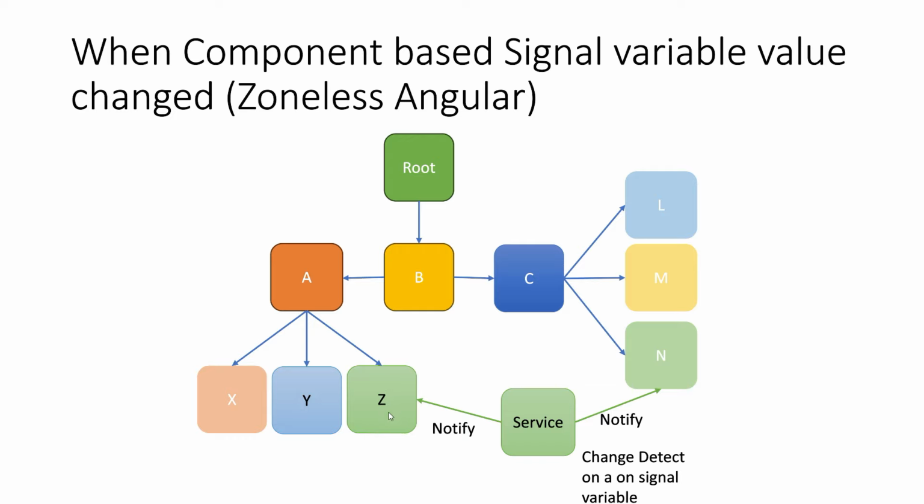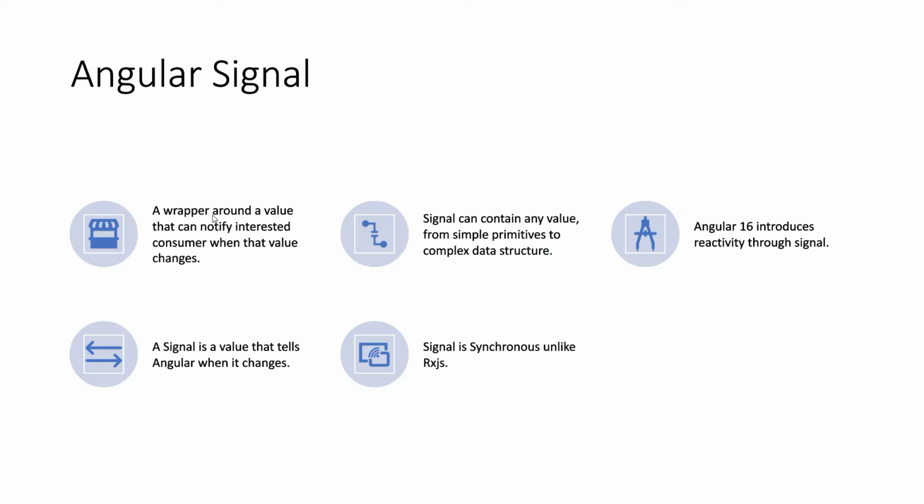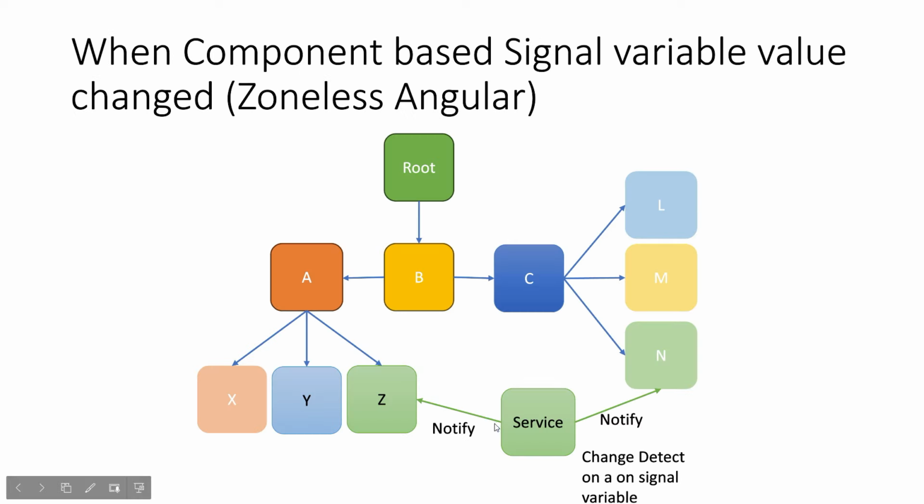This way it will not trigger Zone.js. Angular Signal is a wrapper around a value that can notify interested consumers when the value changes. We already saw here, it notifies both components whenever we update the service-based signal.